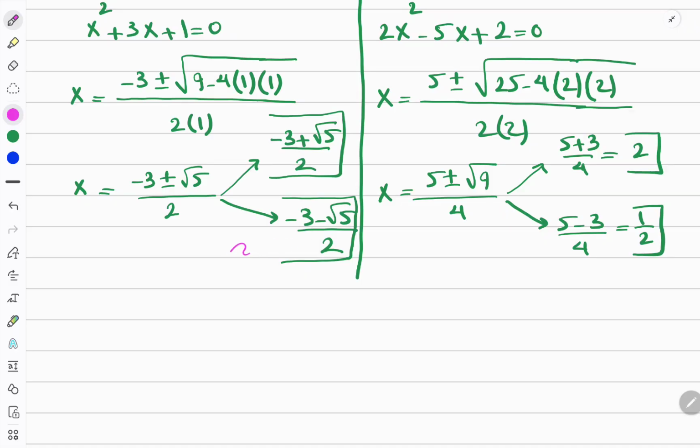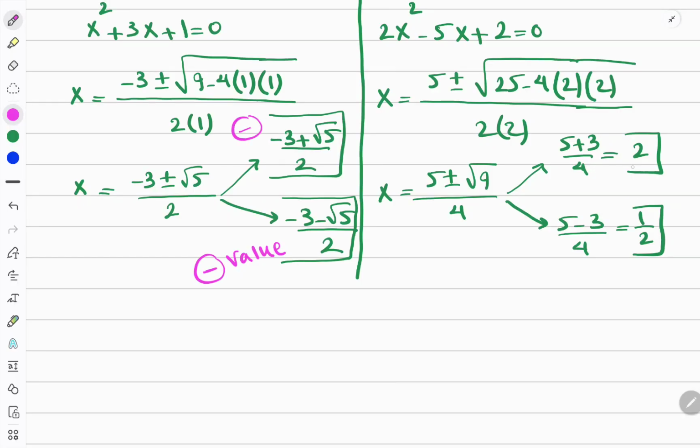So this is a negative value. And for this one, radical 5 is 2 and something. 2 and something minus 3 is a negative number. Divided by 2 is a negative value as well. So this is negative.